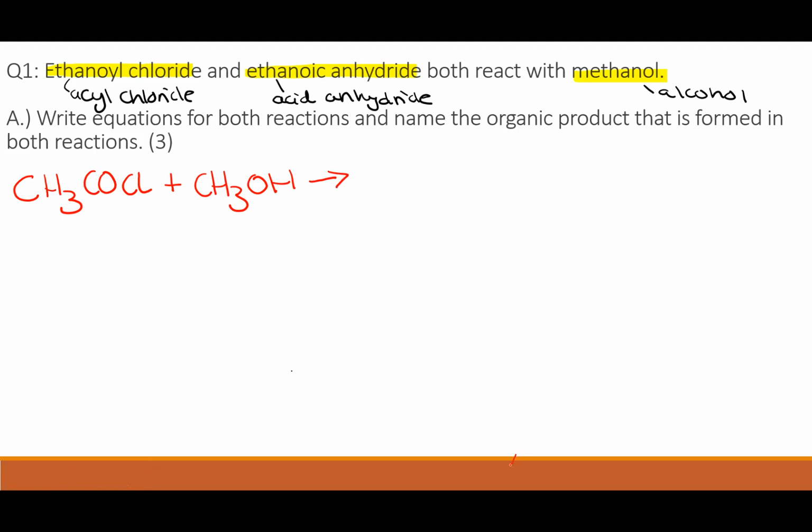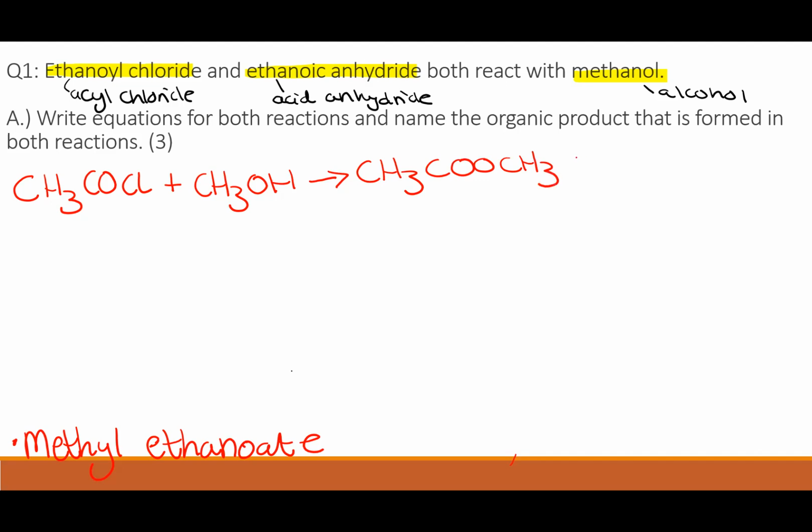I'm going to write the name of the product down straight away because we should know that the product name is going to be methyl ethanoate. So we've got methyl ethanoate being drawn out now. And remember, the other product that's formed is that hydrogen chloride fume, so that's HCl. So that would be 1 mark for that, 1 mark for naming the product, and then we just need to write the equation now for ethanoic anhydride.